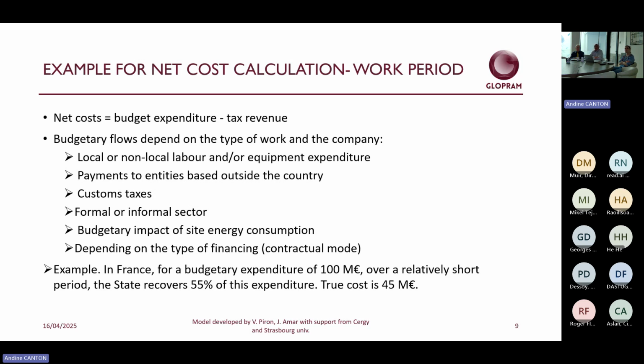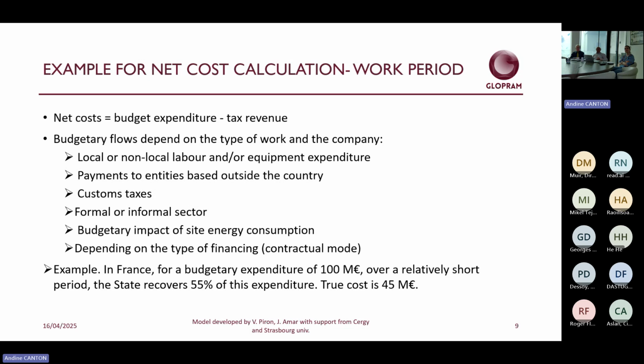Example, in France, I believe France is a little extreme, but anyhow, for a budgetary expenditure of 100 million over a relatively short period, I mean 3-4 years, the time the works are completed, the state recovers 55% of this expenditure.